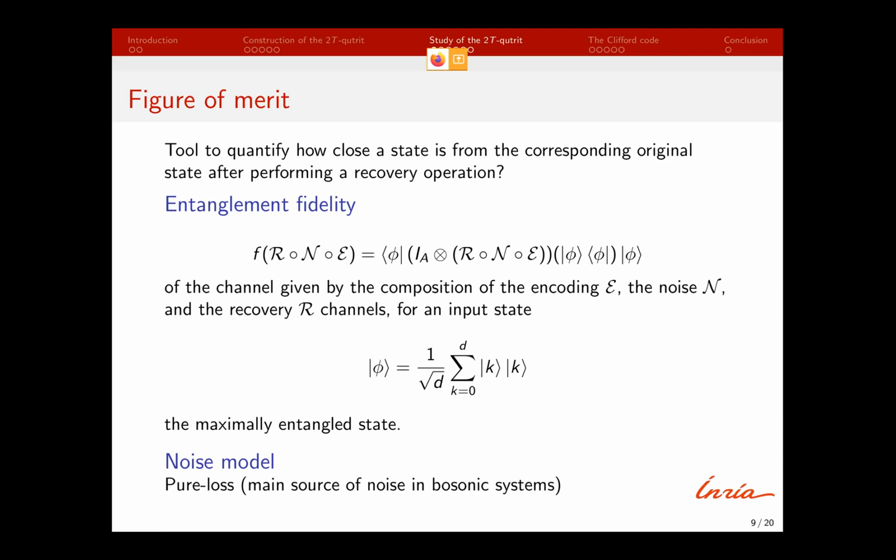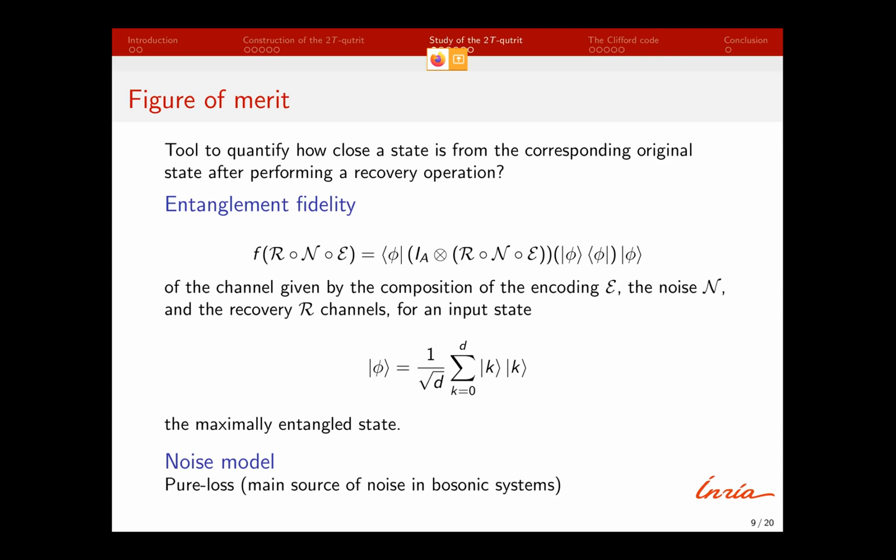maximally entangled state, where you send one half through your noisy channel, and you don't do anything with the second half of your state. Then you compute the fidelity between the final state that you obtain and an optimal recovery operation.